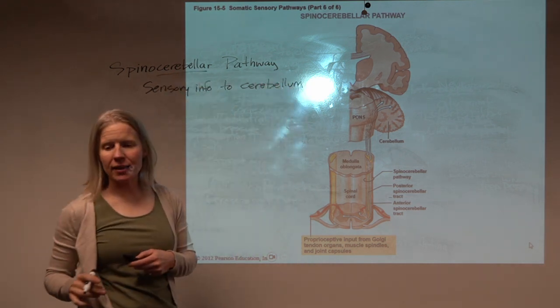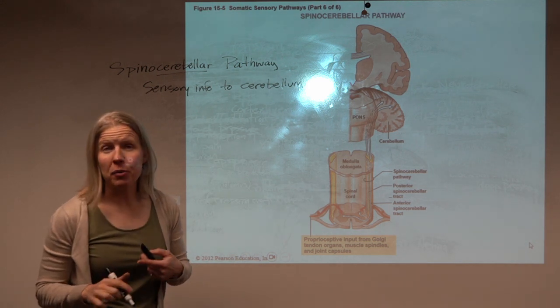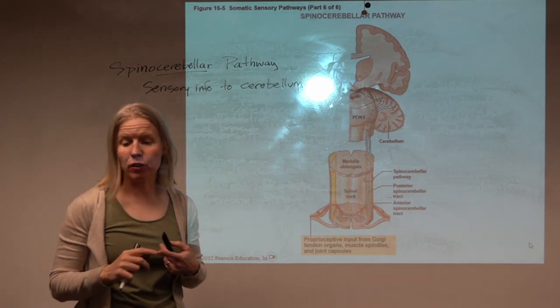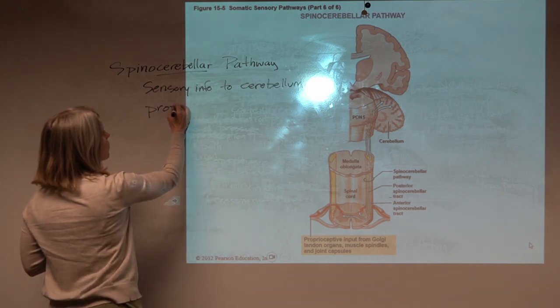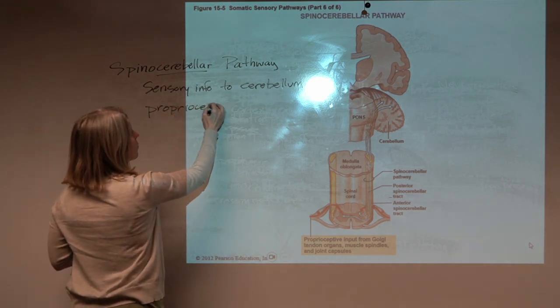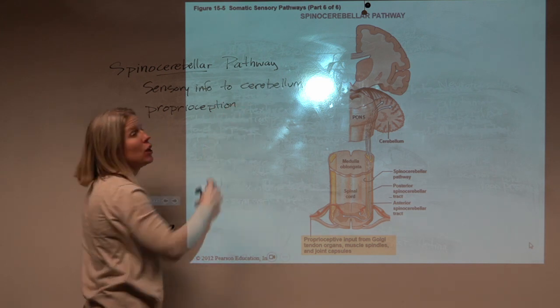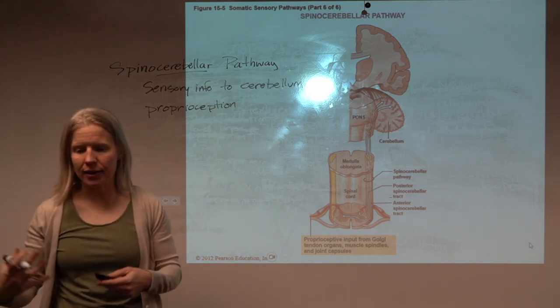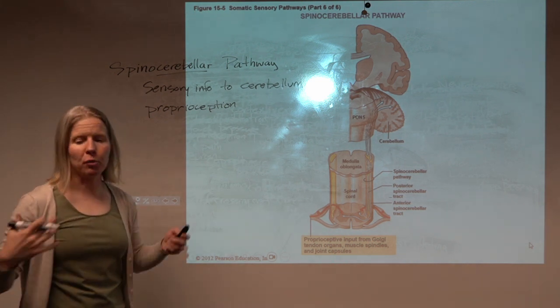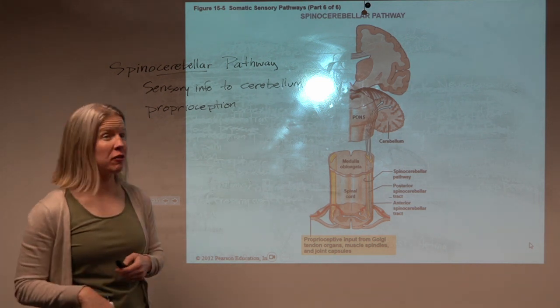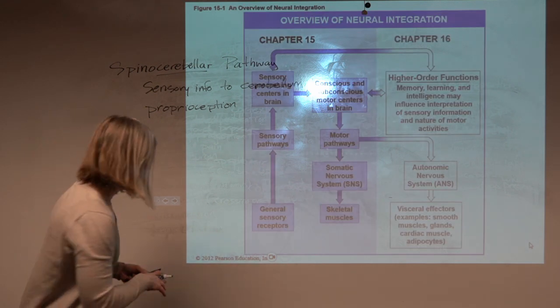Right? Tells us that in the name. This is going to be information coming really from a lot of our proprioceptors. So again, joints, muscles, tendons, not entering our conscious thought, just going to the cerebellum to inform some of our movements. Okay.